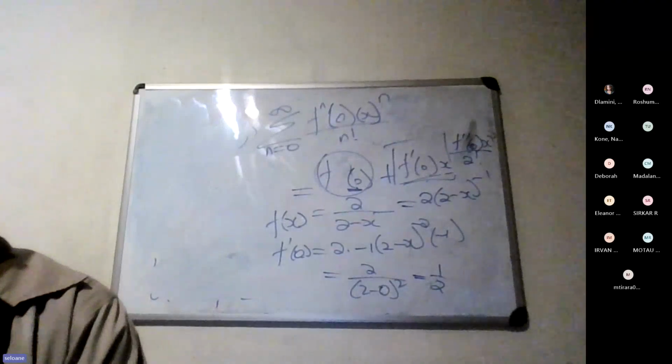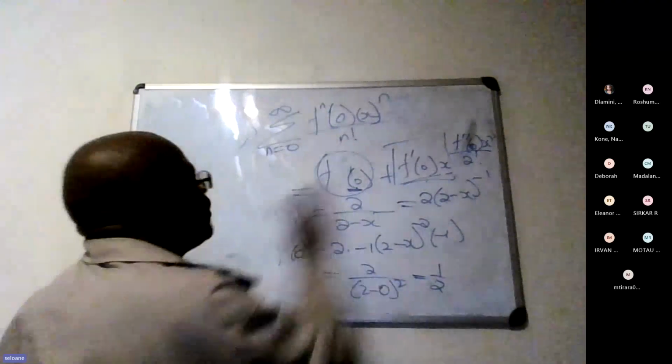Okay. Now, the next one is what we call matrices. We all know what matrices are. We don't have to go back looking at all those terminologies. Let us just simply go straight into those exam type questions.